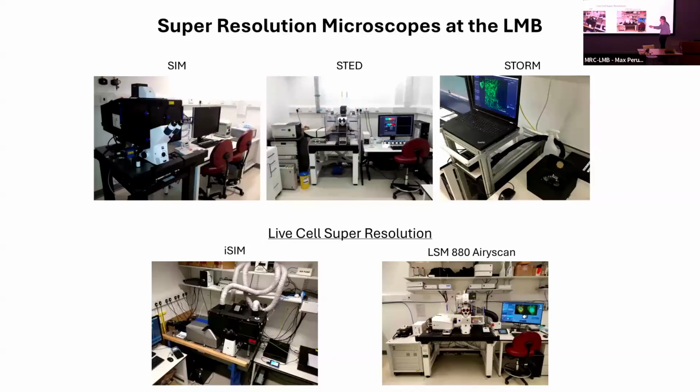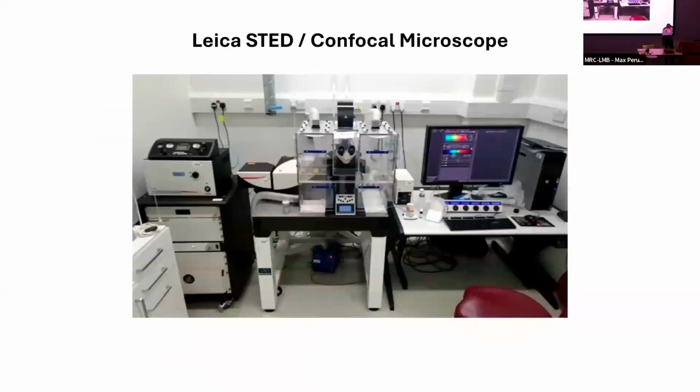This confocal has an add-on that breaks down the point spread function into little bits and does a calculation from that to give you extra resolution. There we are. The STED is just that box there. That generates a donut beam and superimposes it on top of the regular confocal excitation point. And that's where the magic happens.